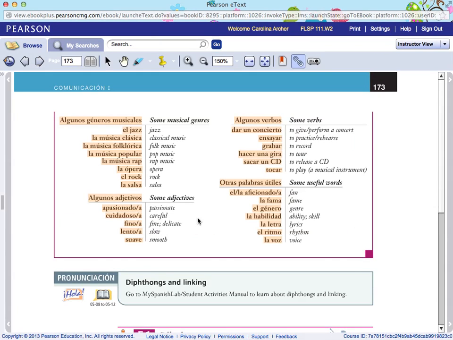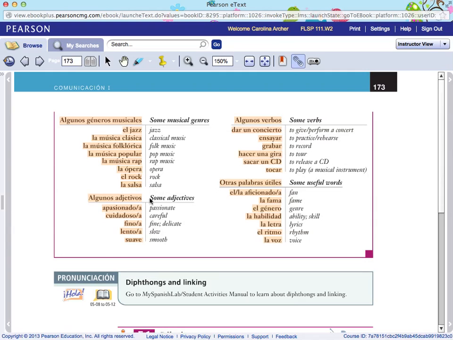And here you have some more vocabulary for different kinds of music. Jazz, el jazz, la música clásica, la música folclórica, la música popular, la música rap, la ópera, el rock, la salsa. So this is very easy because they're all cognates or words that we have borrowed from English.